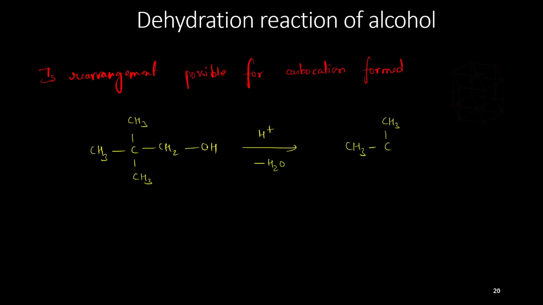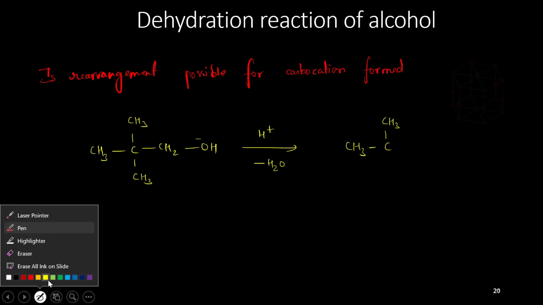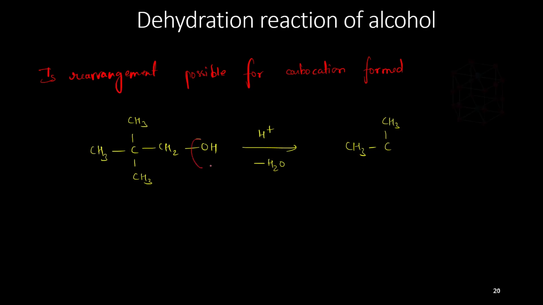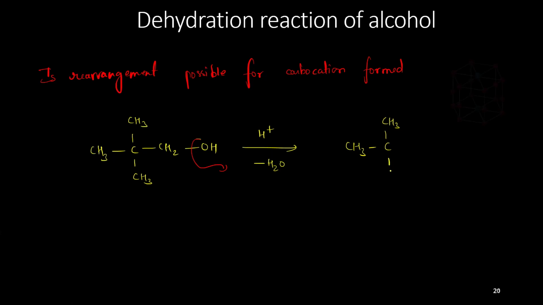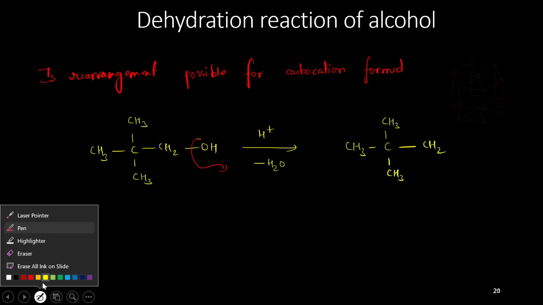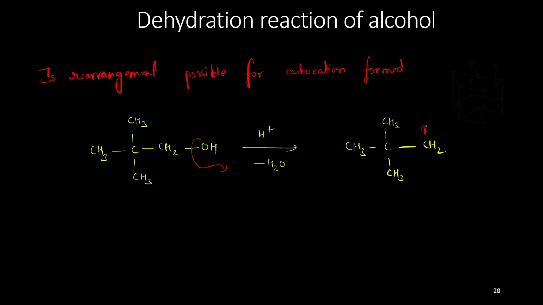As the water is removed from this place, a positive charge will be created on this carbon. Yes or no? So there is a CH3, CH2. The positive charge was present over this carbon.